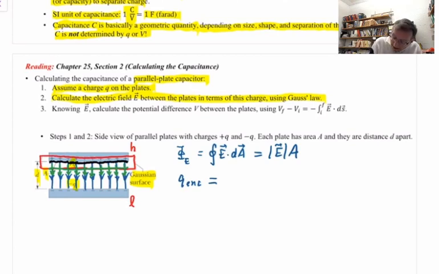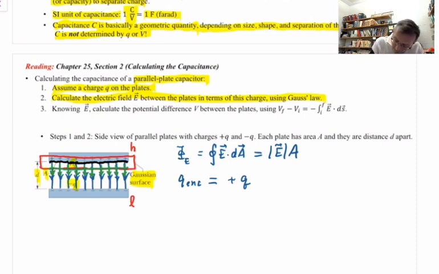It's all inside the Gaussian box, because the Gaussian box has a surface along here, and it goes this way, and then the top of it lies inside the metal. The metal's very thin, but you can still have that. So the point is the Q enclosed for the Gaussian box is the whole plus Q on the top plate.